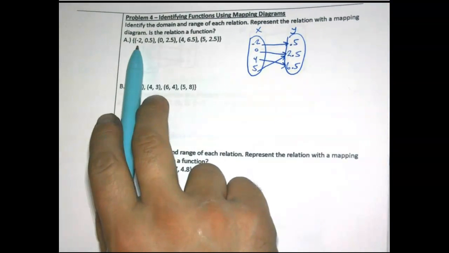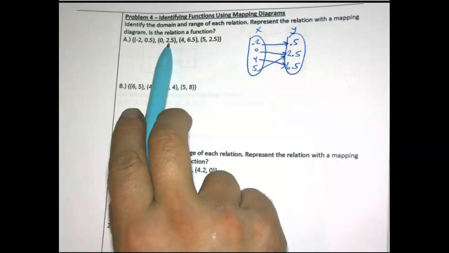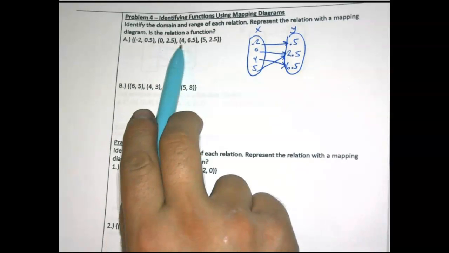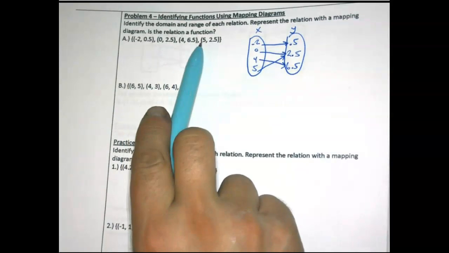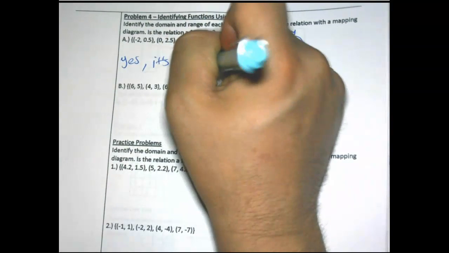Once again, as long as every time -2 shows up, 0.5 comes out, and every time 0 shows up, 2.5 comes out, every time 4 shows up, 6.5 comes out, and every time 5 comes up, 2.5 comes out, this is a function. So since we only have those numbers, yes, it's a function.